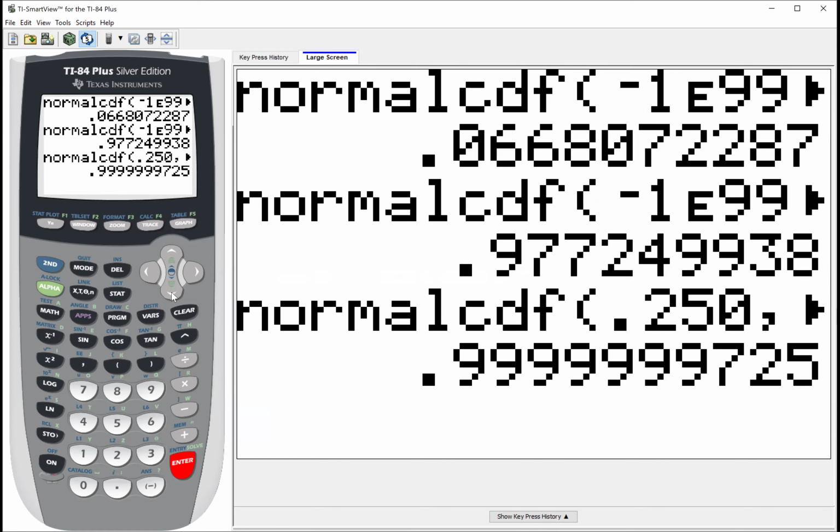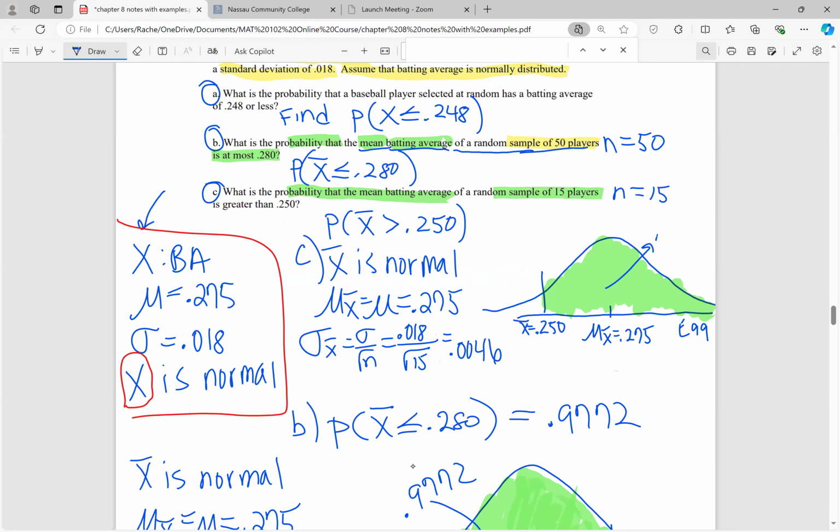And now we get about 0.9999999, but if we round that to 4 decimal places, it's approximately 1. So the probability, or this area under the curve, is approximately 1. So if we were to take a sample of 15 players and calculate the probability that the mean batting average of the sample is going to be greater than 0.25, there's about a 100% chance.